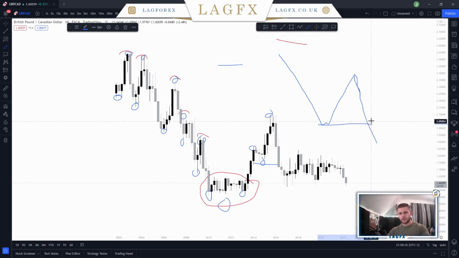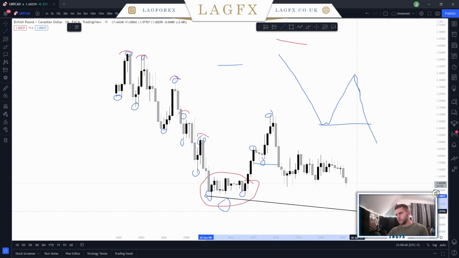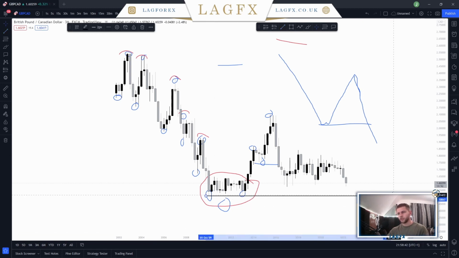So because we have that assumption, we can now assume that this low, or the lowest point in the market, or the swing low, so just to try and reference this to make it slightly easier to view, if you give me one moment.